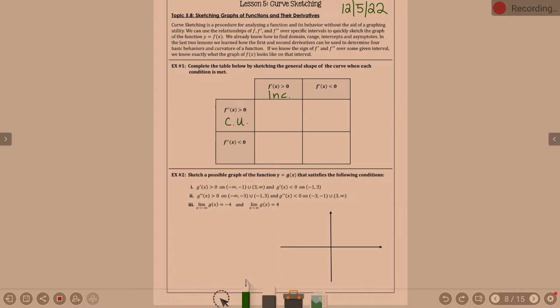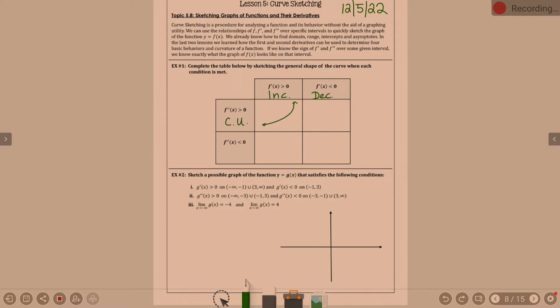What does a piece of graph look like that's increasing and concave up? You can think of it like an exponential graph, right? It's always increasing and going up.